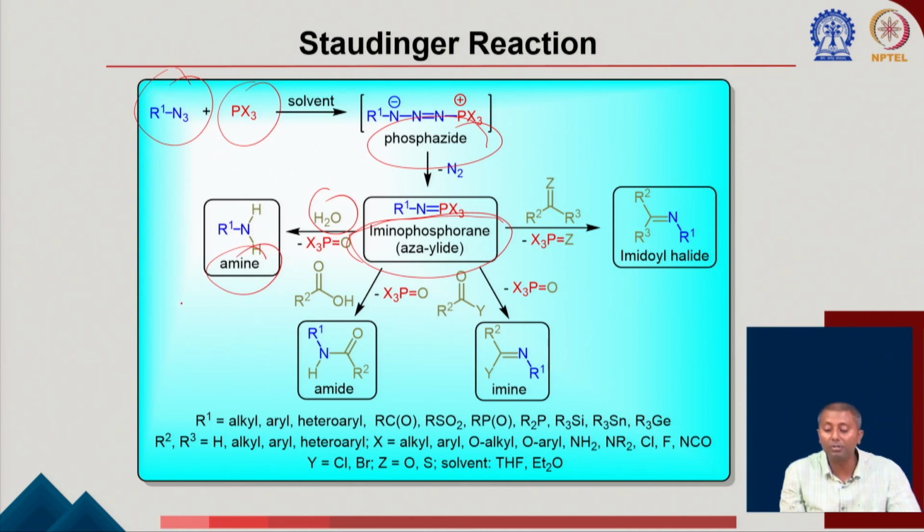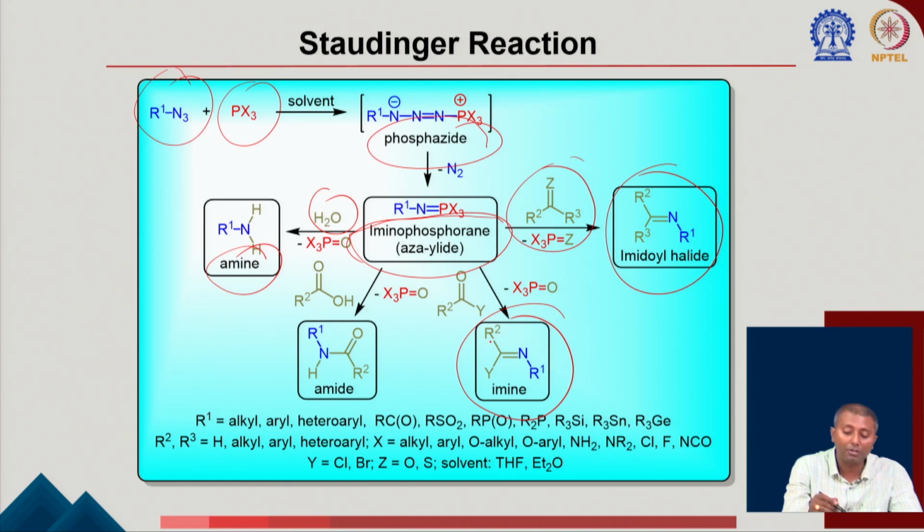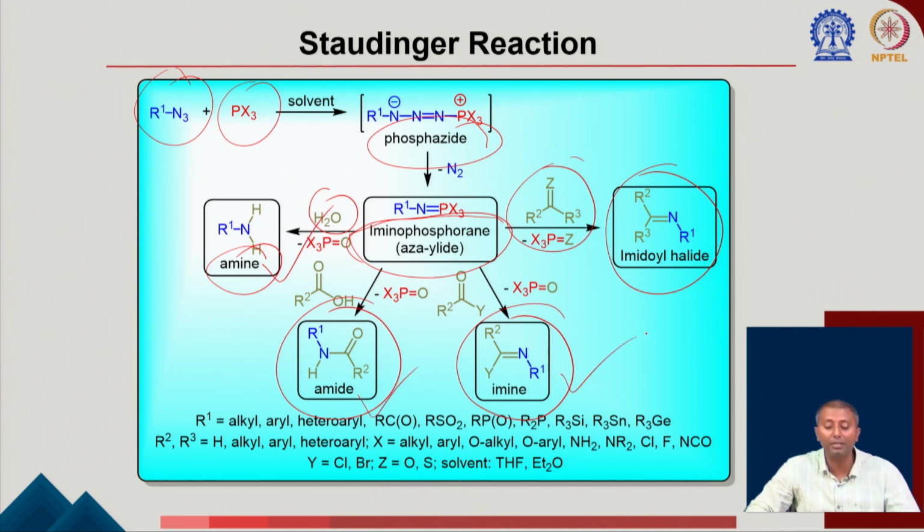If you treat it with a carbonyl compound, it can form the imidoyl halide, or the corresponding imine. Once it attacks the corresponding carbonyl compound, it can form the imine, or it can form the corresponding amide. So it can form an amine, an amide, or an imine based on the different reagent you choose.